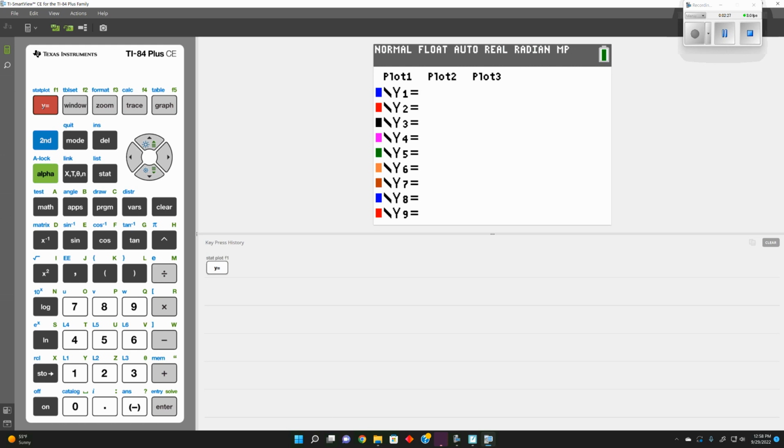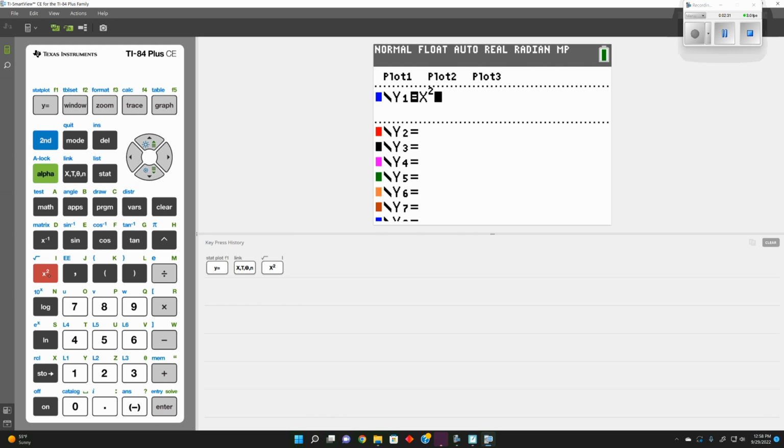Our equation that we're typing in is going to be x squared, and we can get x by the button next to alpha, minus x minus 6. We don't need the equals 0, but we can type it in.